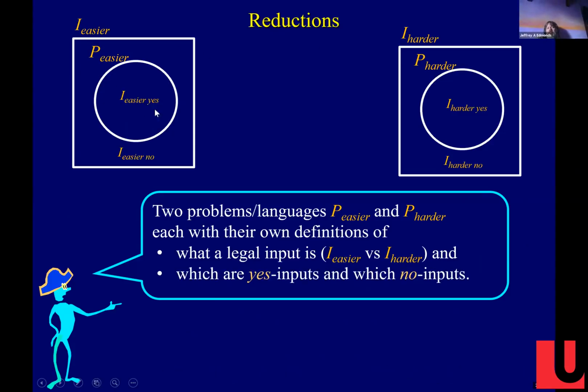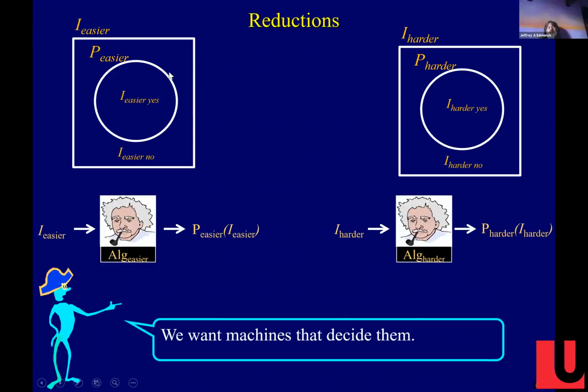But each problem is a yes/no problem. We're given an input, and we want to know: is it a yes instance or a no instance? What we're given is an oracle that can solve the harder problem. You give it an input to the harder problem, and it tells you whether the input is a yes instance or a no instance.